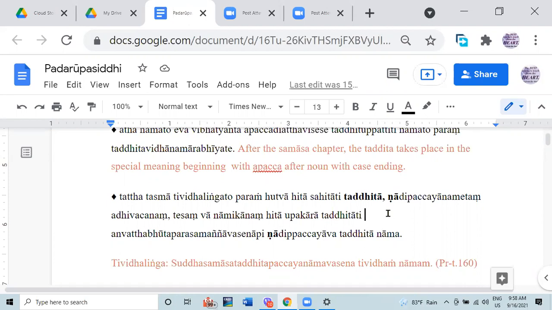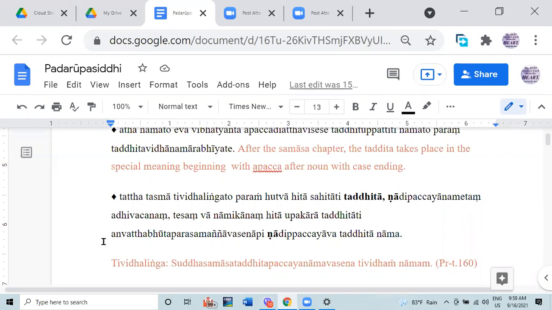These suffixes add more meanings to the word. That's why it is called Taddhita, like upagara: the meanings increase, develop.